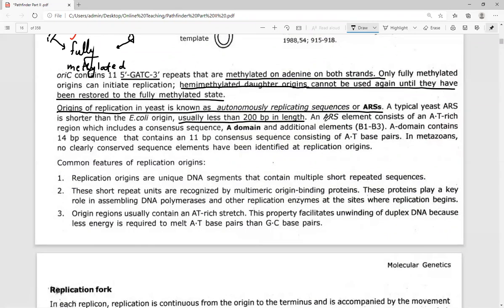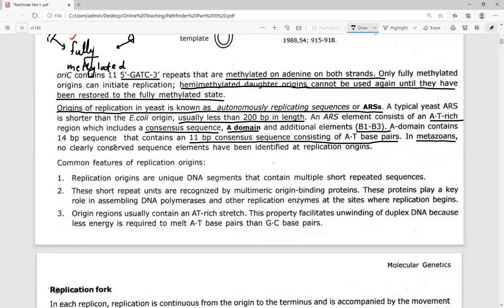The autonomously replicating sequences consist of AT rich regions that include a consensus sequence called the A domain. The other domains are the B1 to B3 domains. The A domain contains an 11 base pair consensus sequence. In the case of metazoans, no clearly conserved sequences have been identified.